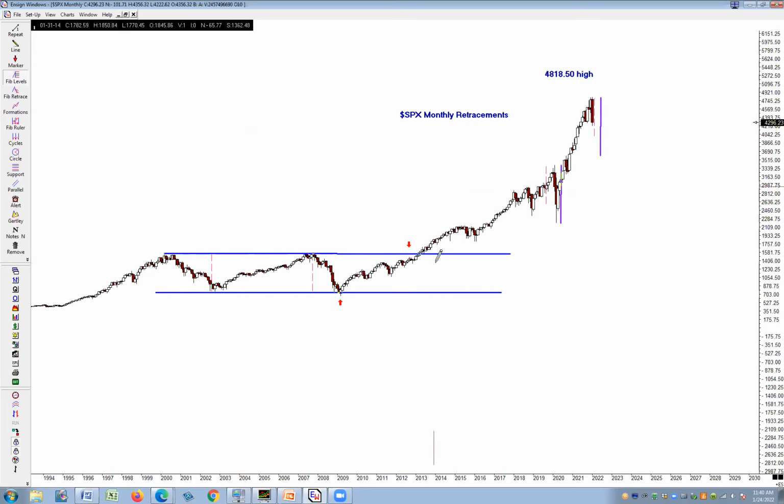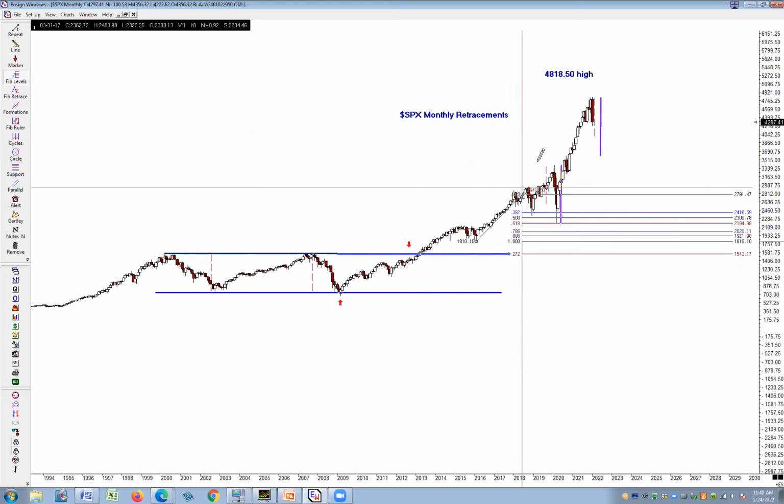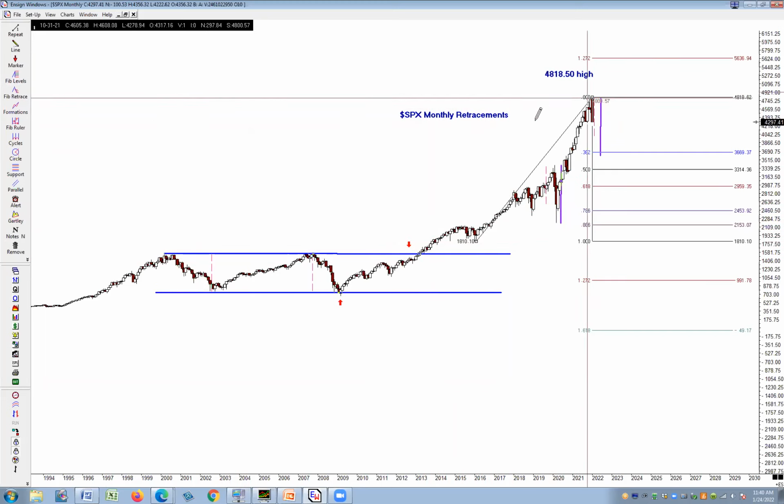A couple places that I like to look are where moves started, and I see a couple on the chart here. One is right back here after the 2013 breakout. And then it had a little correction down here. This was actually an A, B, C, D on a monthly chart. So let's see if we can. So that's a 382 retracement.